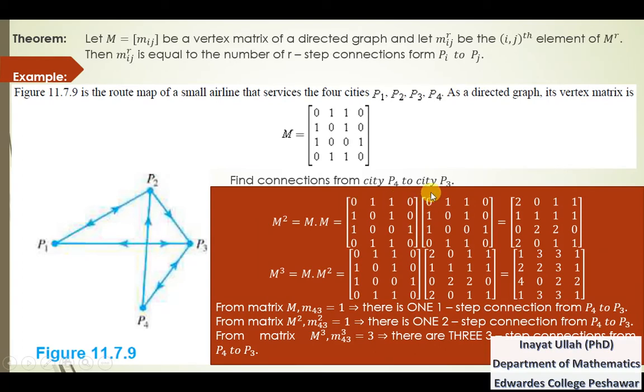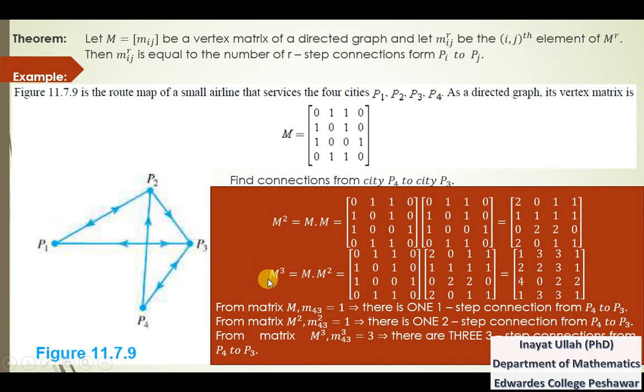First row with first column to get this answer, then first row with second column, first row with third column, and first row with fourth column, and similarly second row with first, second, third and fourth column to get those answers. So multiply these two matrices to get this matrix, which is M square.